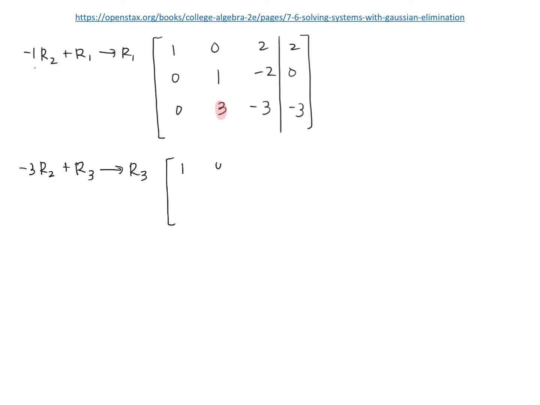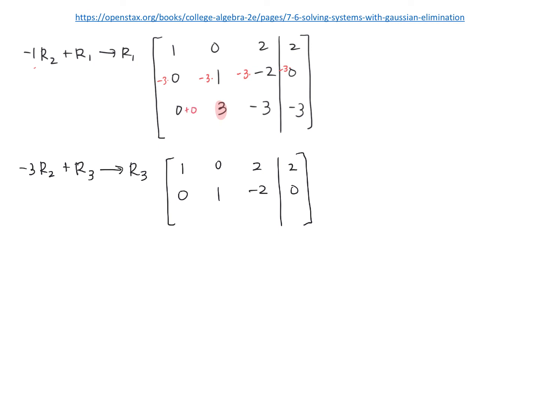So row 1, unchanged. Row 2, unchanged. What we're changing is row 3. So negative 3 times row 2. Negative 3 times 0 is 0.